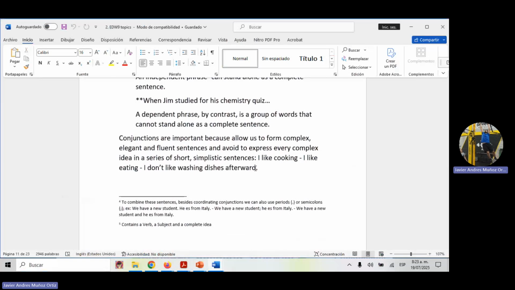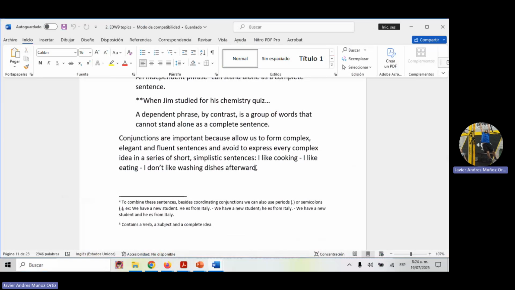But if we want to improve our idea using these three verbs, and if we want to avoid redundancy, we can make something better by saying I like cooking and eating, but I hate washing the dishes. And it's going to be better because we avoid repetition.